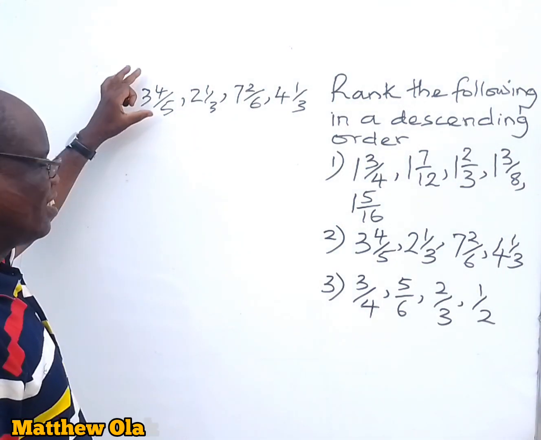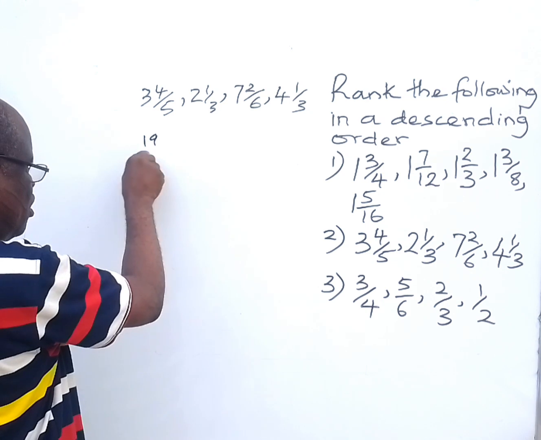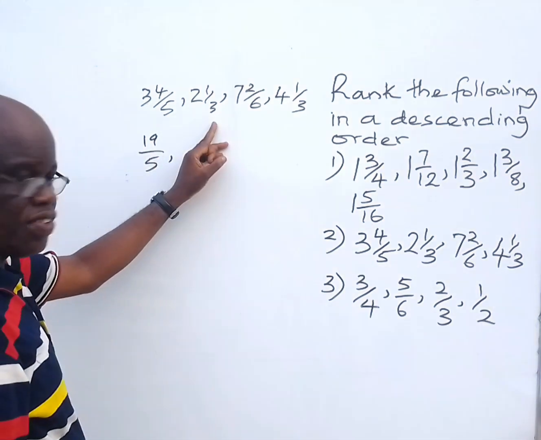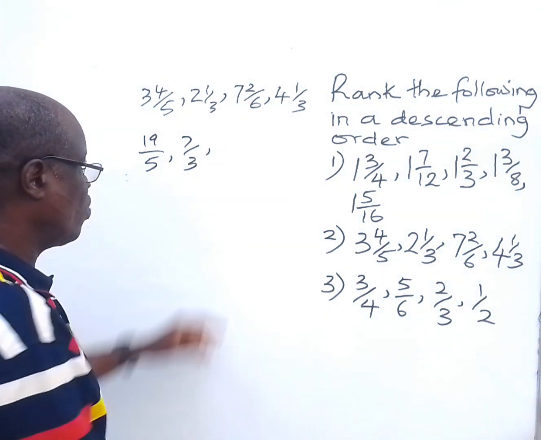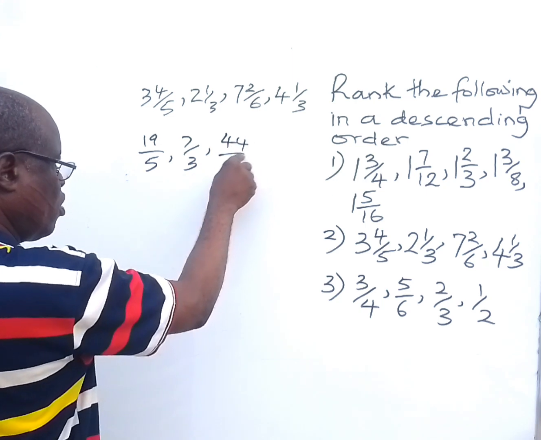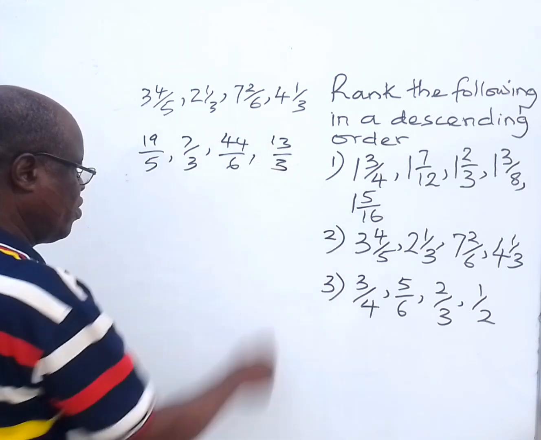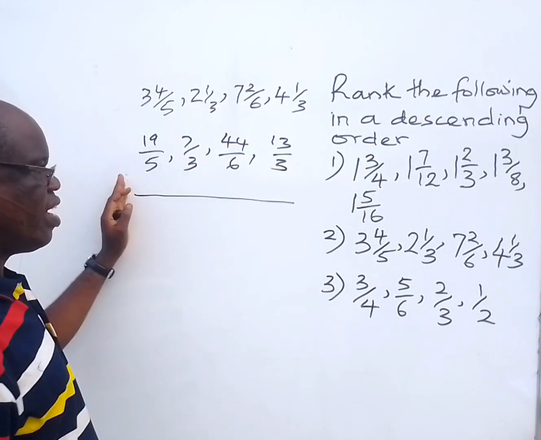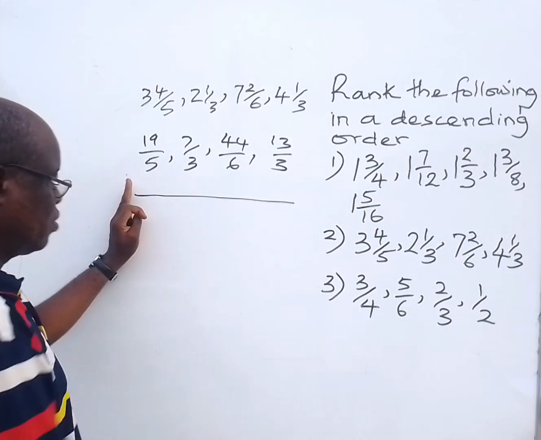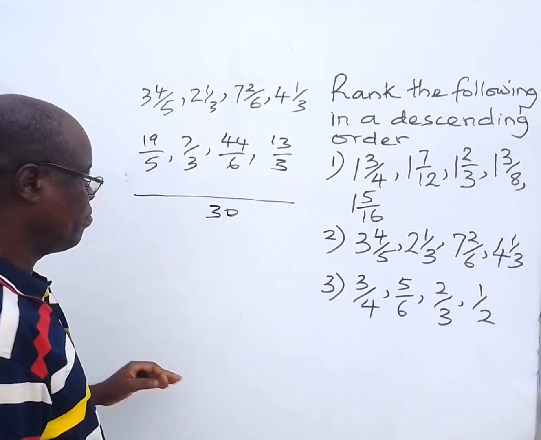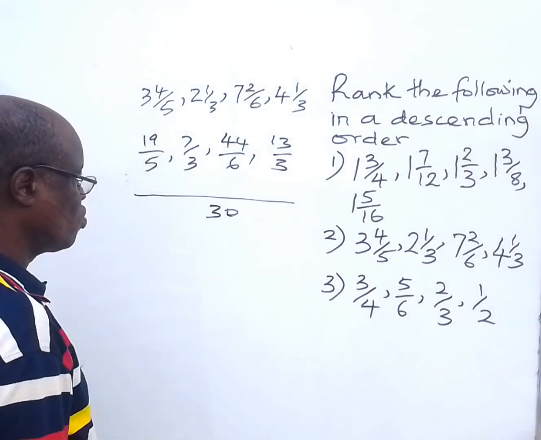But before you can do that, you turn these mixed fractions into improper fractions. 3 times 5, 15 plus 4, 19. 2 times 3, 6 plus 1, 7 over 3. 7 times 6, 42 plus 2, 44. 4 times 3, 12 plus 1. So find the LCM. If you do the LCM correctly, the LCM for this should be 30. Just like we have done before, find the LCM by looking at the least prime number that can go, and then you multiply at the end.